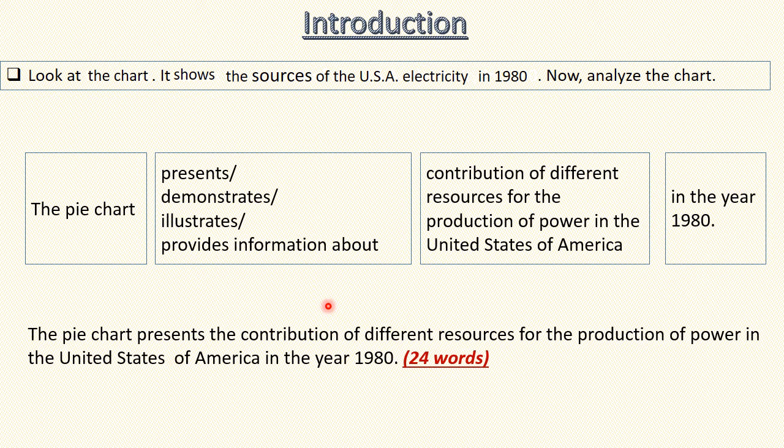So my dear students, while writing the introduction, you will just rewrite the question using some different words and phrases. You can follow the words I have used here, and you can also use some different words and phrases.